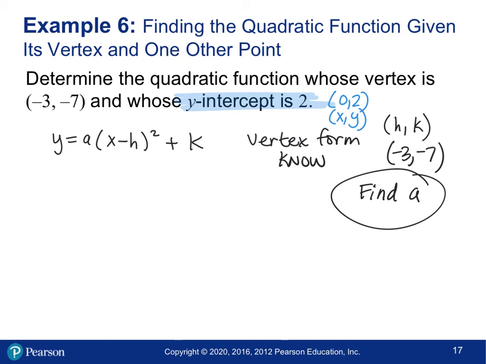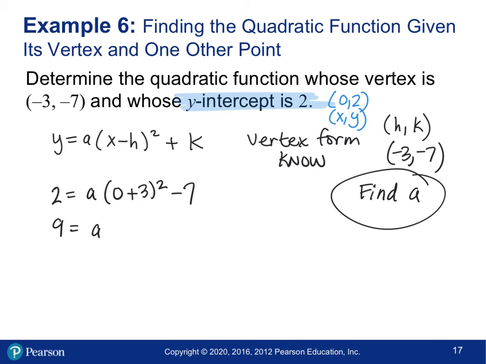So we're going to plug in y is 2, a we don't know, x is 0, h is negative 3. So minus a negative 3 would be plus 3, and then k is negative 7. All right, so there's my equation. And I'm going to solve this by adding 7 to both sides.